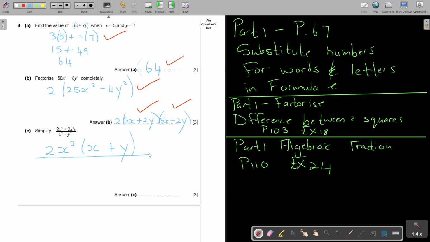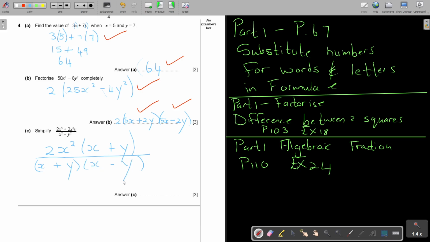And then, again, it's difference between 2 squares. So 2 brackets, one is a plus and the other one is a minus. And then it's almost like I take the square root. It's like the square root there, the square root there. So this is x and this is y. And this is x and this is y.